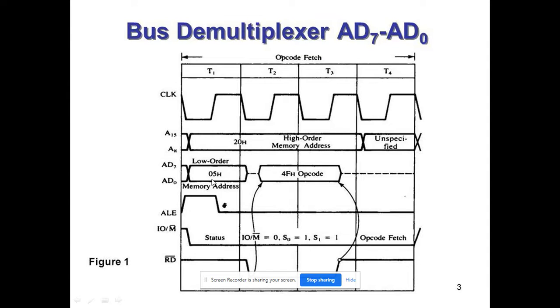When this signal goes low, this multiplexed address data bus will be in a high impedance state and is now switched to a data bus.